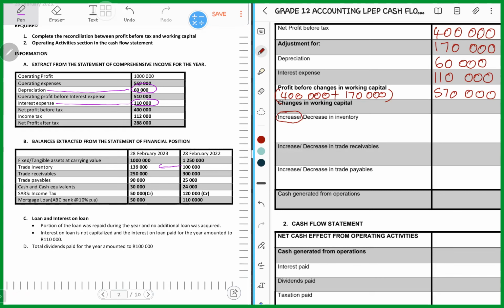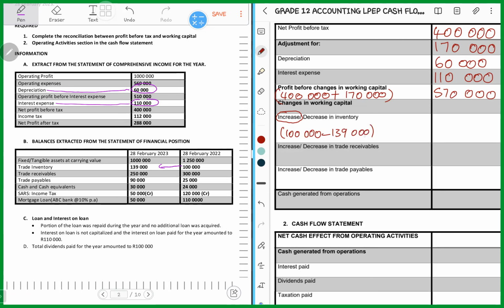Since we are dealing with working capital, the easiest way to calculate this is to start from the previous year to the current year. So remember, the previous year inventory was 100,000, and the current year it's 139,000.